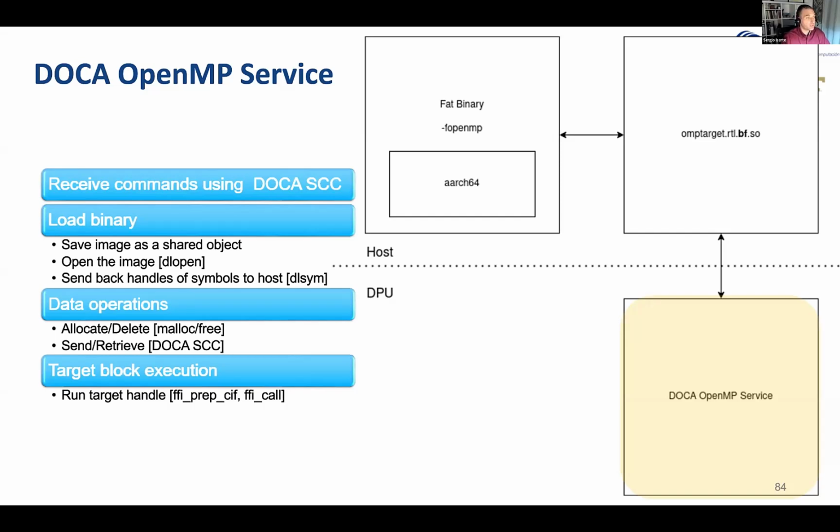If the service receives data operation commands like allocate memory, or send and receive data, the service will run those operations. And when the plugin in the host sends the command to run the kernel itself, the service will use the handle of the image to run the kernel.